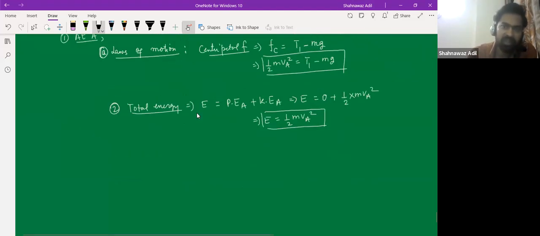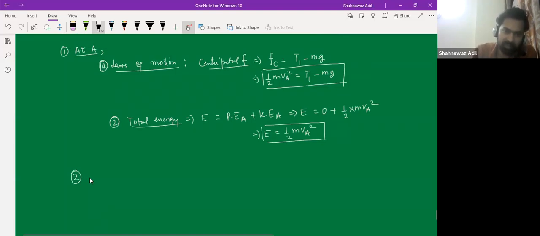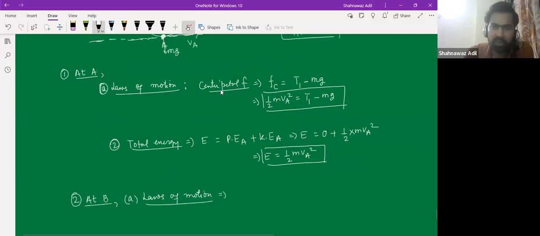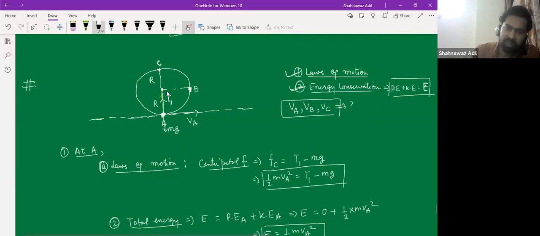Now if I write the second part at B, the first thing is laws of motion. What does the laws of motion say? I have tension in here, let's say T2. And this part is mg, and this is moving in this direction, so this is vb.